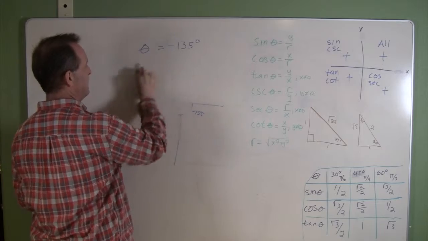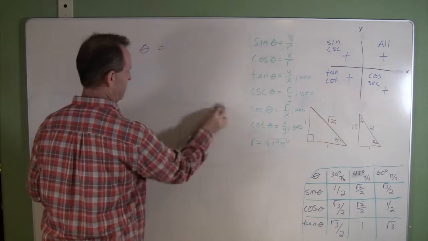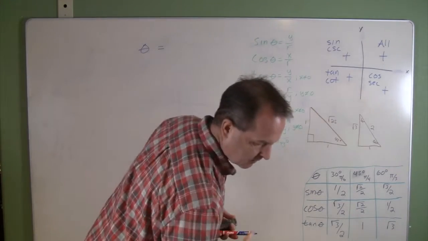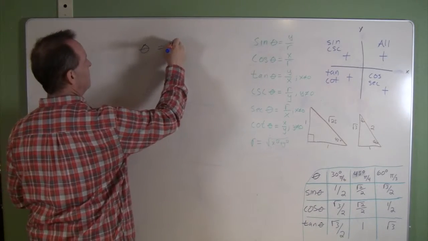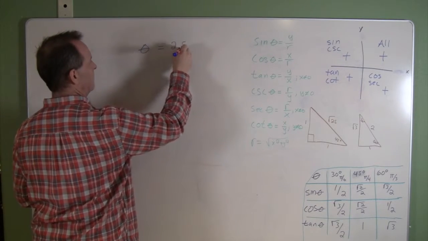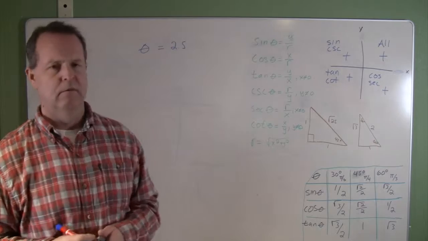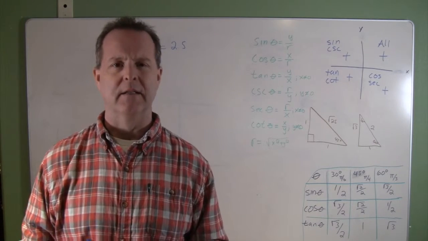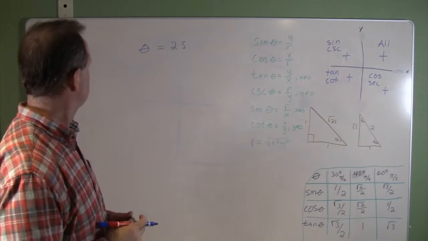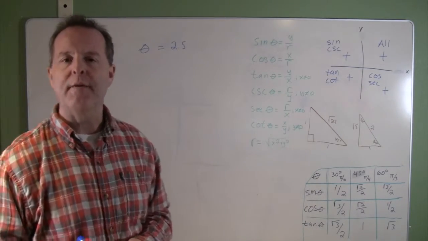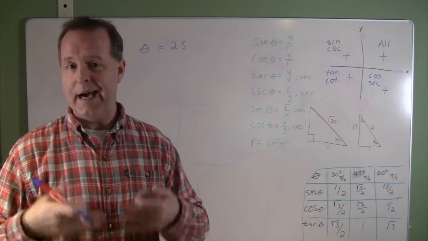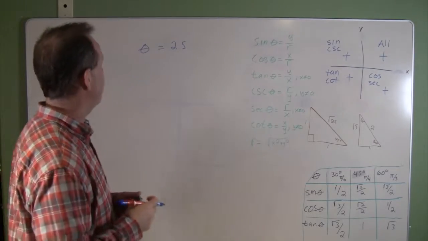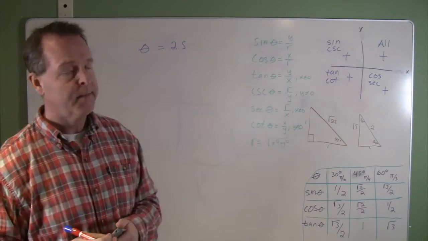Got two more for you. What? 2.5? What in the world does that mean? Oh yeah, theta equals 2.5 radians. When it's not labeled, it's radians, and 2.5 radians is what we're looking at.